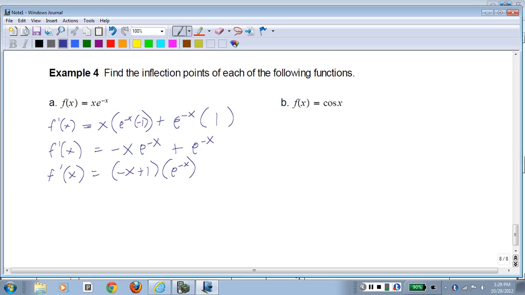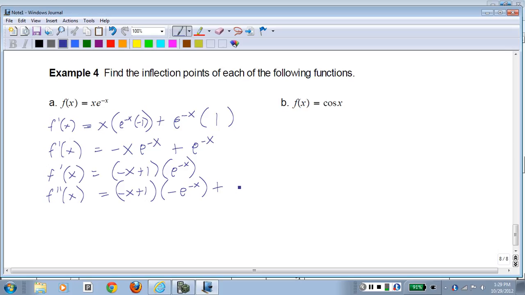Now the second derivative, f double prime of x equals the first times the derivative of the second, so negative x plus 1 times negative e to the negative x, plus the second times the derivative of the first.